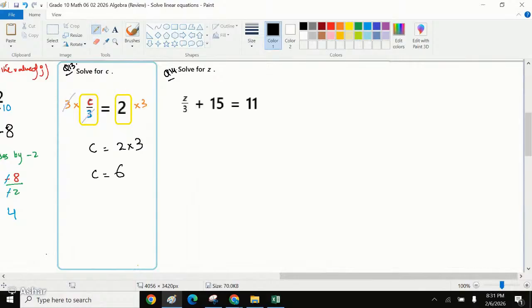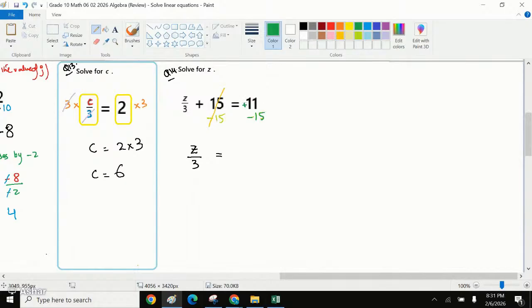So if we need to take 15 to the other side, this was plus 15, we simply subtract 15 on either side. If we subtract them, plus 15 and minus 15 becomes 0. So we can write this question as z upon 3 would be equal to, what should be the answer for this? Minus 15 plus 11.